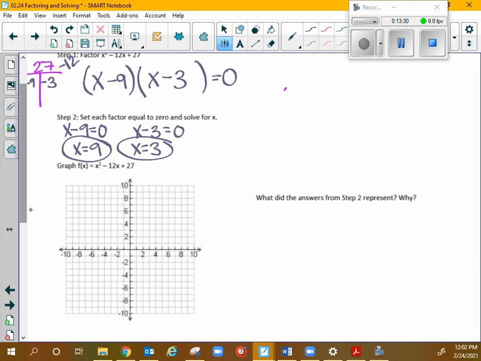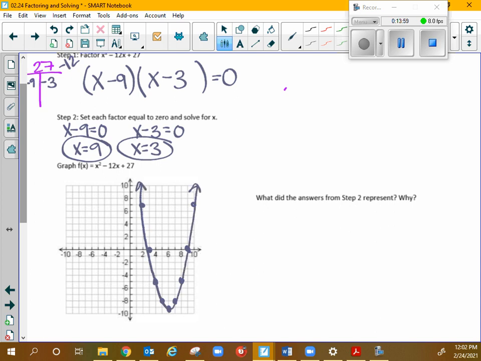Thank you. 27. What's 3? 0. What's 4? Negative 5. What's 5? Negative 8. What's 6? Negative 9. And then it loops back around and hits in the same order those y values. Okay? So I've got this nice parabola here.